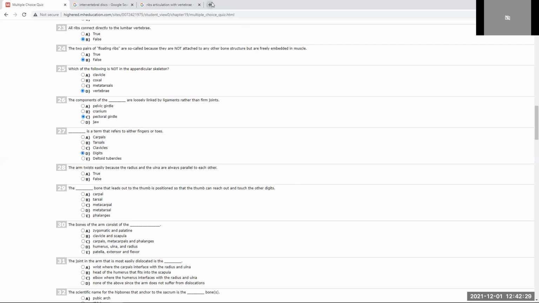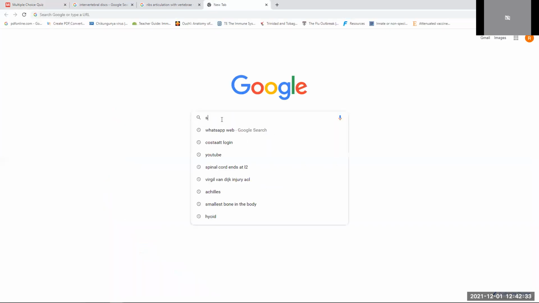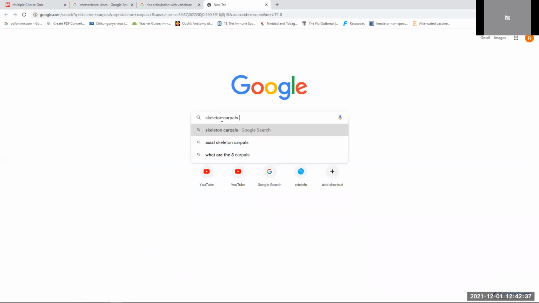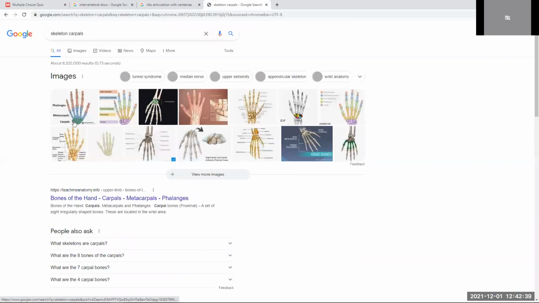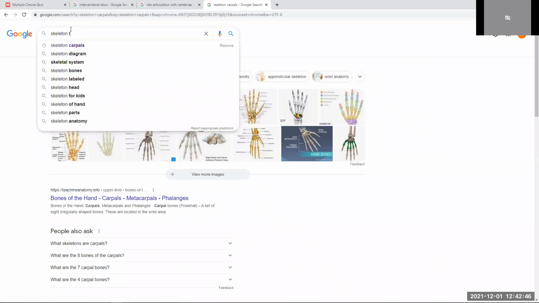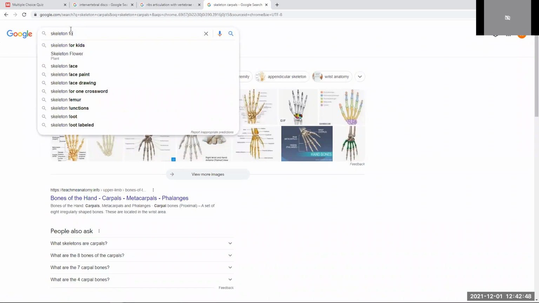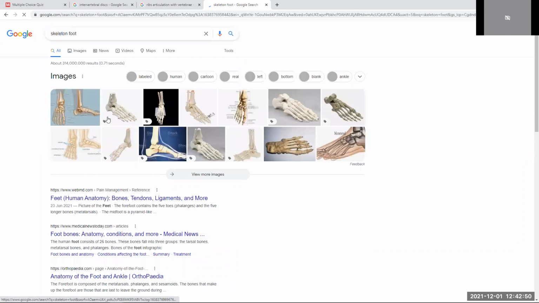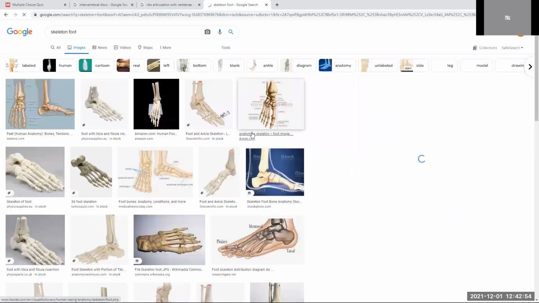Carpals, where would we find carpals specifically? That's the wrist. So the carpals are found specifically in the wrist bones. If we were to look at the foot, what are the equivalent of the carpals in the foot?